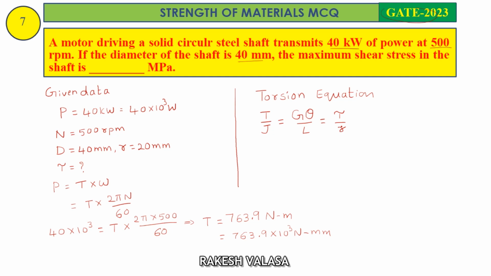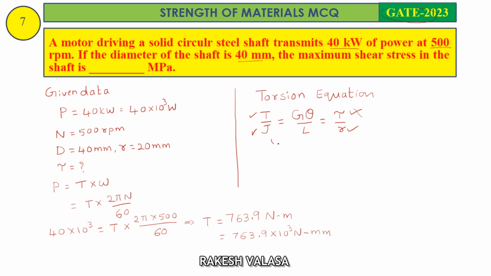So from this equation we need to find the shear stress, that means tau. So this is the unknown: T is the known value, J is the known value, R is the known value, tau is the unknown value.